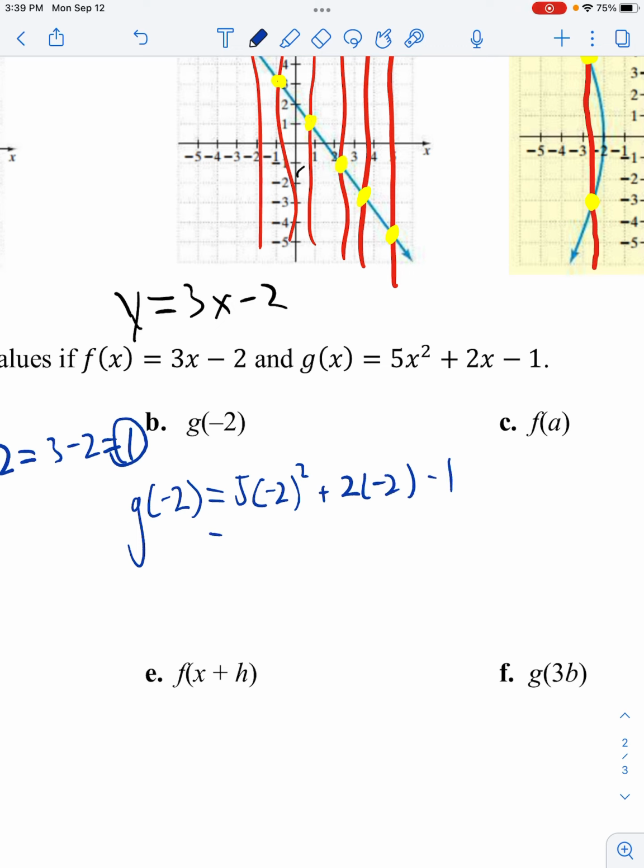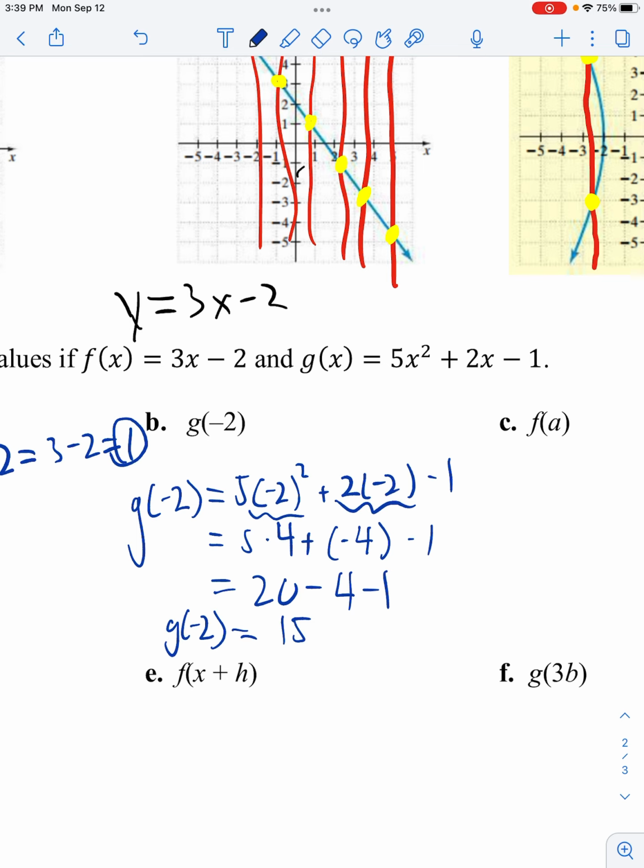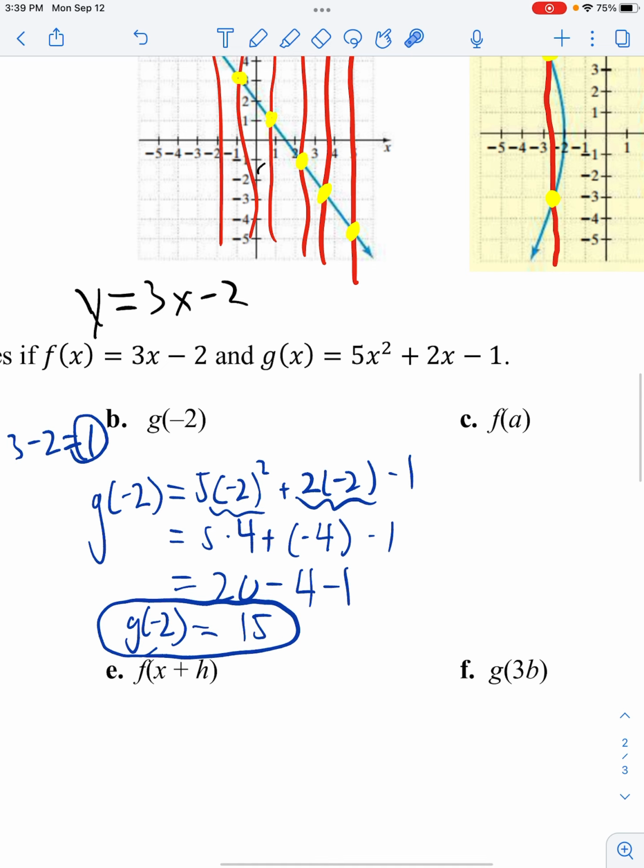To calculate this, I use my order of operations. I do exponents first, so I get 5 times 4, plus negative 4, and I still have my minus 1. So I have 20 minus 4 minus 1, or 15. So g of negative 2 equals 15. I just plugged in negative 2 into my g of x.